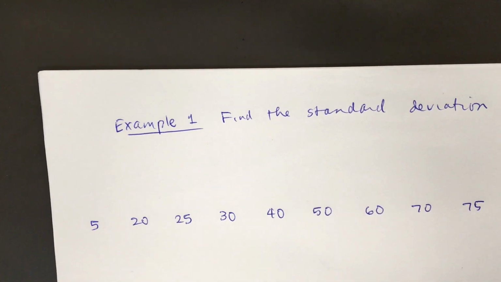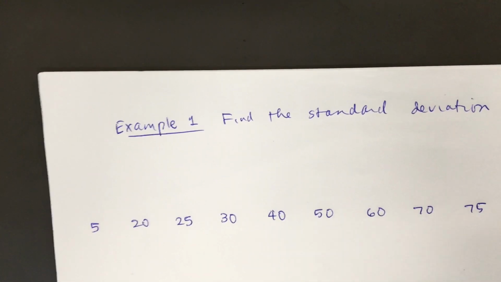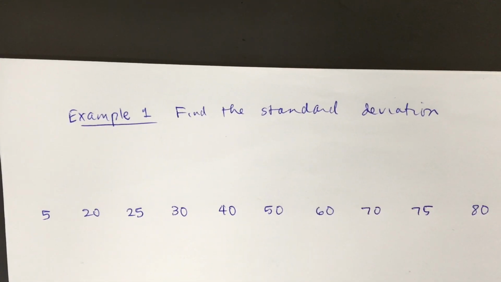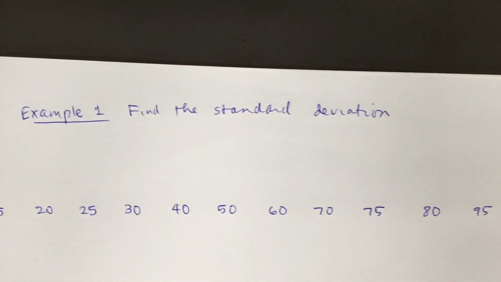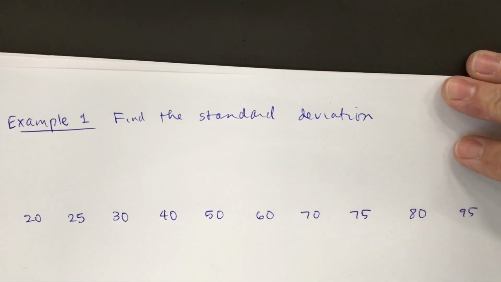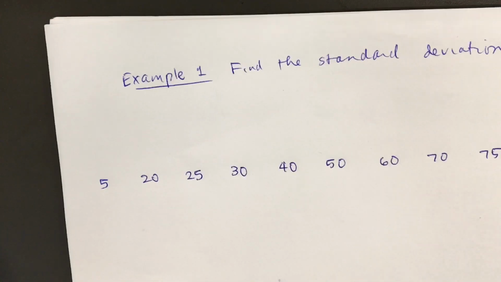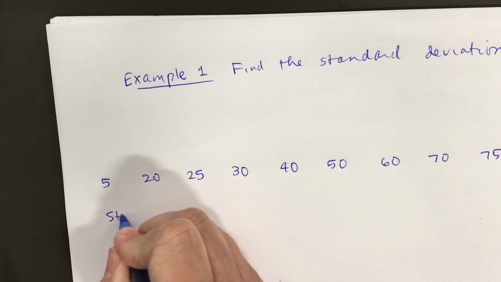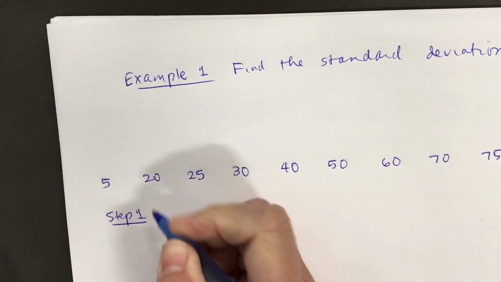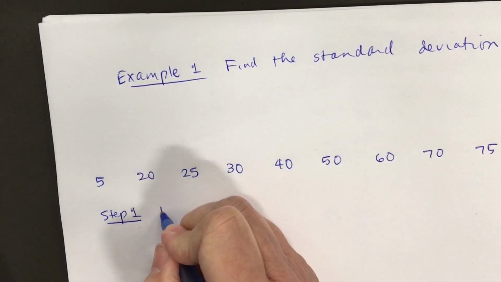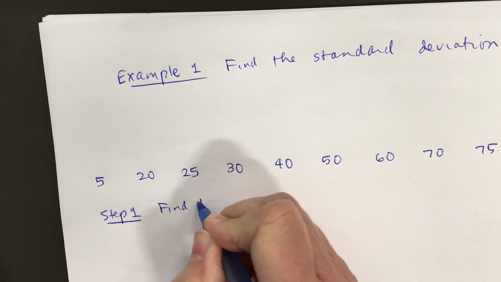Finding the standard deviation is a 6-step process. Step number 1 is that you find the mean of the data items. All right, step 1, find the mean.